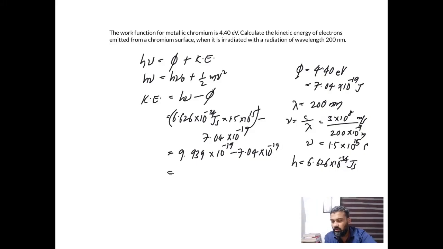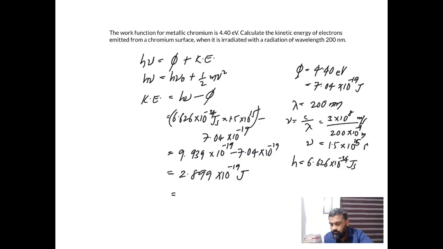So 9.939 minus 7.04 is equal to 2.899 into 10 raised to minus 19 joules. So if we want to convert into electron volt, we need to divide by 1.6 into 10 raised to minus 19.